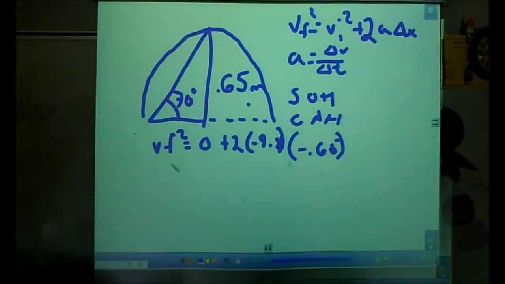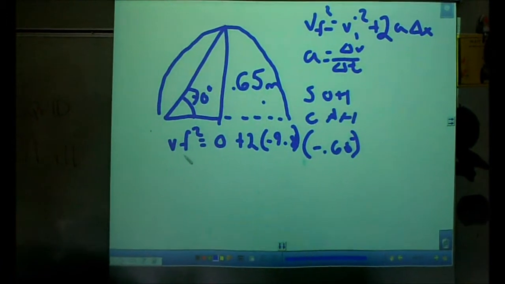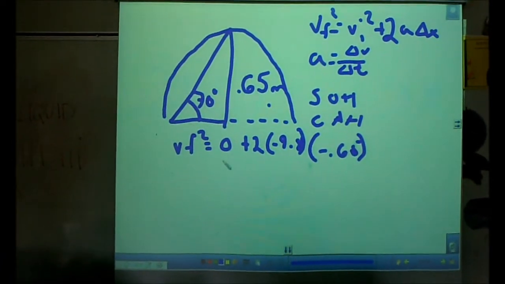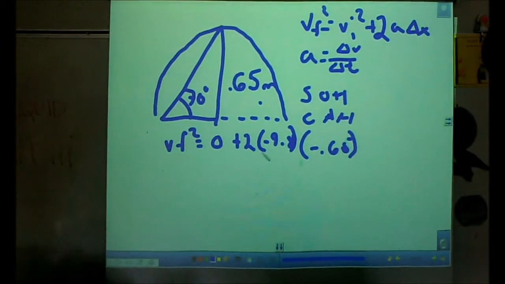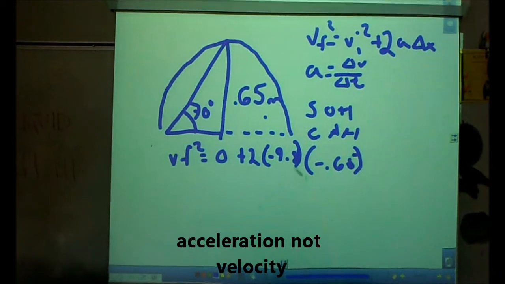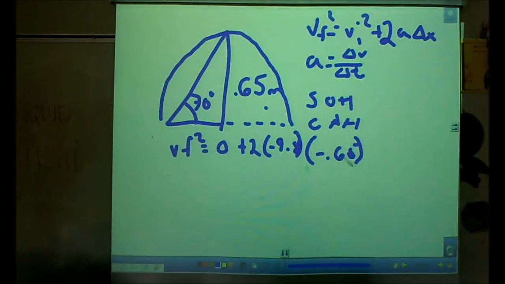Alright, so this is how you find the velocity to get the time that it takes to go up and down. Velocity final squared equals 0, which is your initial velocity, times 2 times negative 9.8, which is the acceleration of gravity pulling the object down, times the distance it took to get there, negative 0.65.